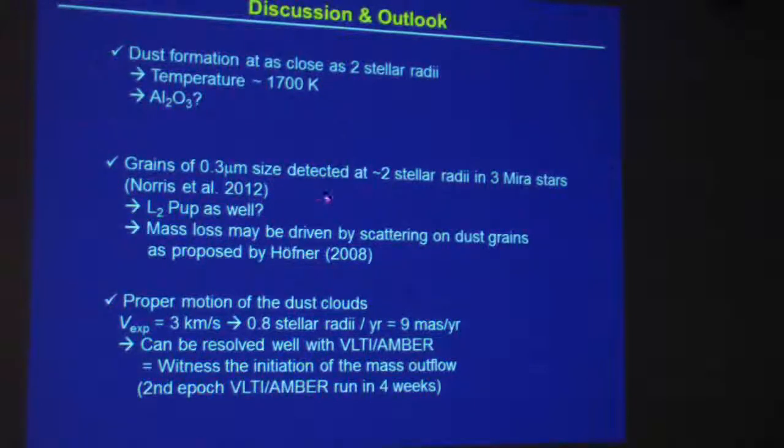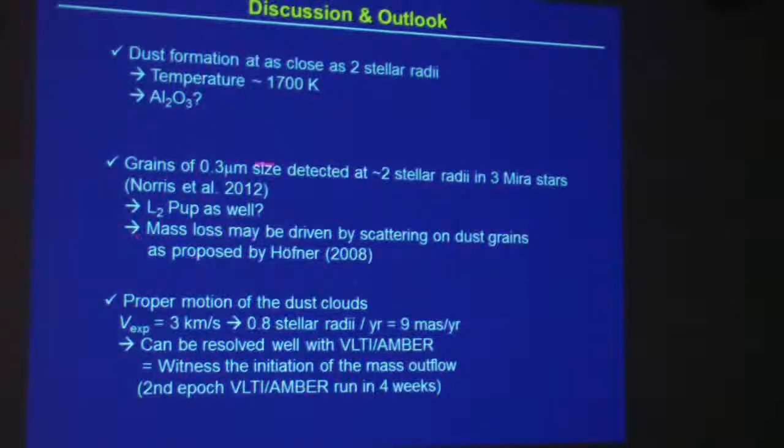Secondly, Norris et al. recently found dust grains close to the star, again around 2 stellar radii, around Mira stars. They estimate the size of the grain to be 0.3 micron, and this may be the case for this star. This grain size is important because grains of this size can drive the mass outflow by scattering, as recently proposed by Höfner 2008.